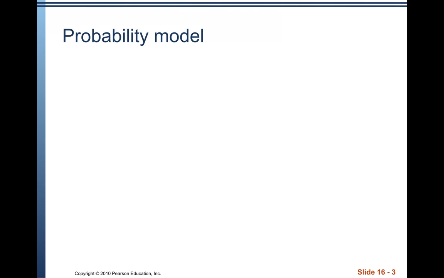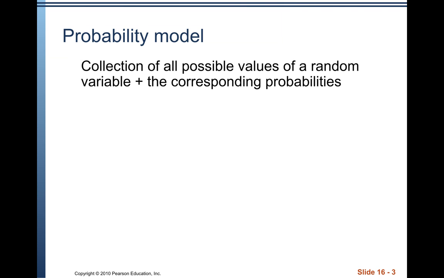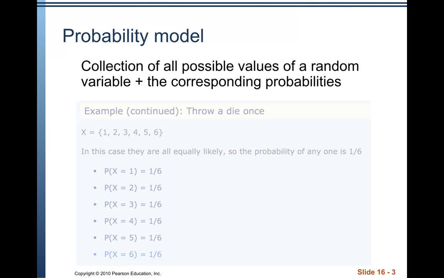Going along with that, a step further would be what we call a probability model. A probability model is not only the possible outcomes or the possible values, but it also contains the corresponding probabilities. So a probability model is the random variable plus each outcome's corresponding probability.